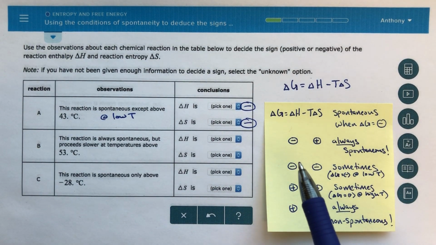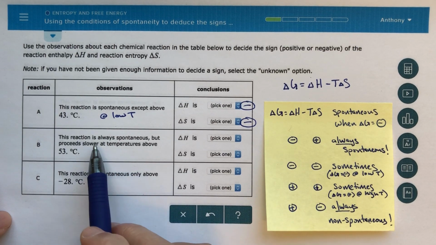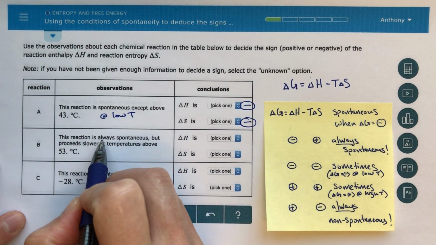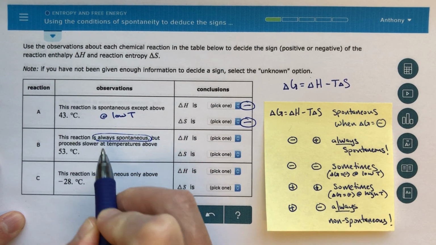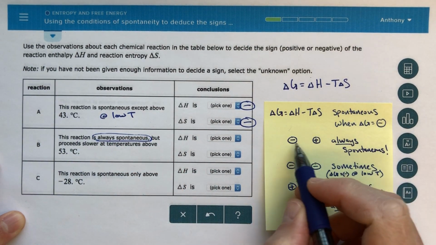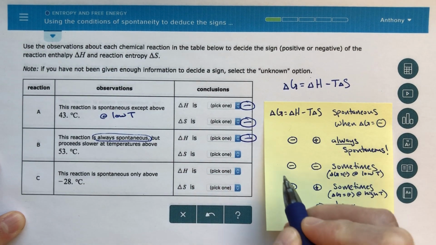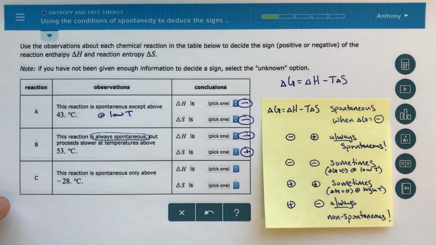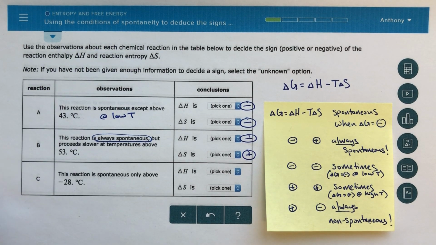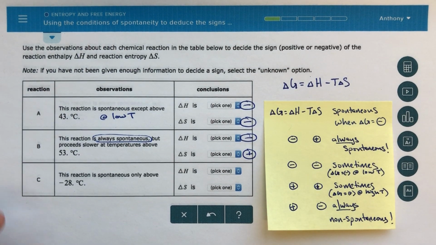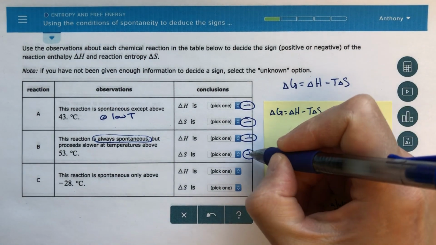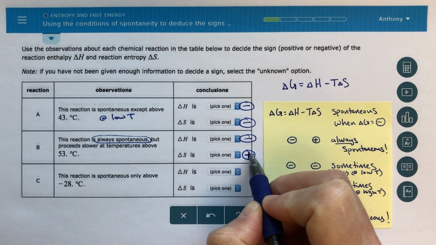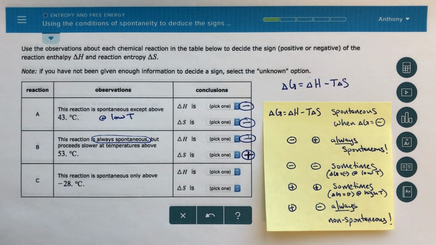Okay, let's do the rest of these here. This reaction is always spontaneous, but proceeds slower at temperatures. So the key here is the phrase always spontaneous. Always spontaneous is going to be negative delta H, positive delta S. The fact that it proceeds slower at temperatures is really just telling you about the kinetics of the reaction, and that can be related to lots of different things, but that's not related to the thermodynamics we're talking about here.